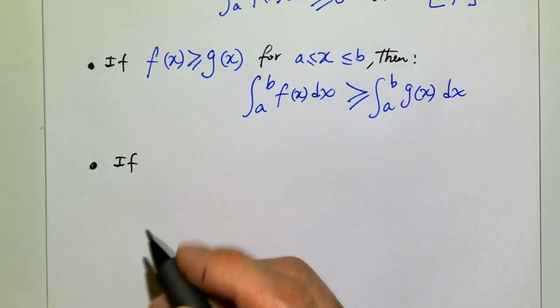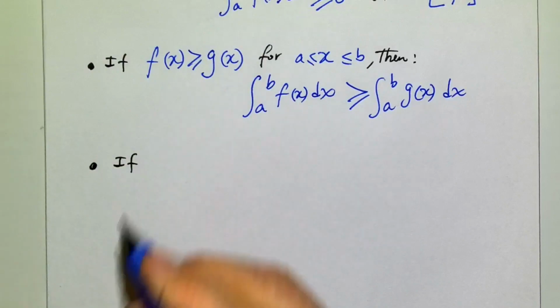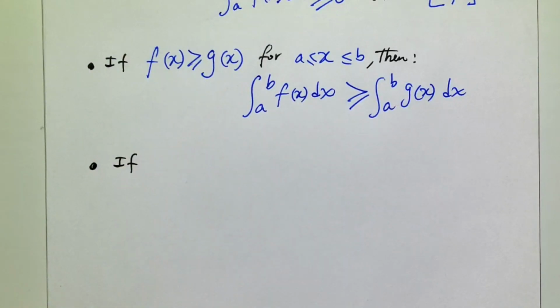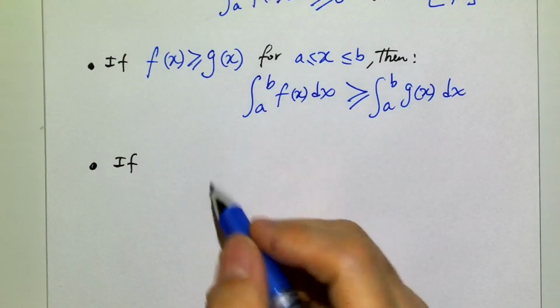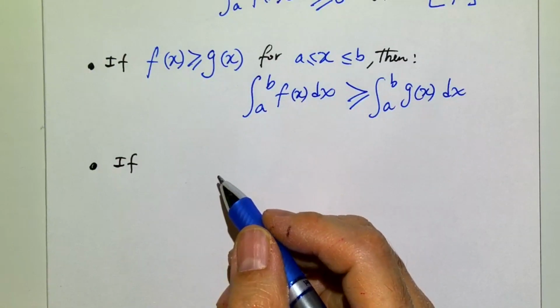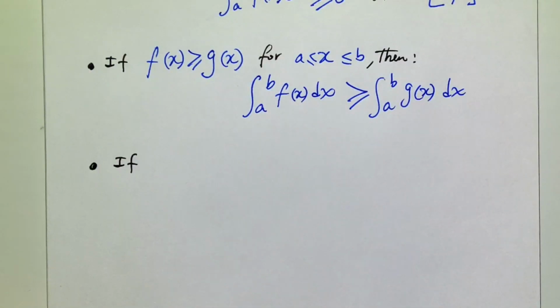Now this goes back to our discussion in section 5.1 when we talked about the Riemann sum. We talked about the lower sum, the Riemann sum given the left endpoints and the right endpoints. Remember that? The left endpoints represented the lower sum and the right endpoints represented the upper sum.